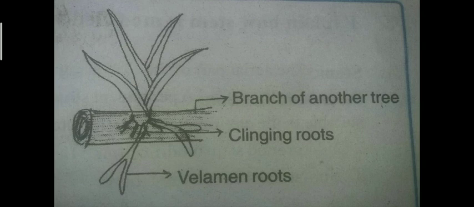Clinging roots mainly help in supporting. Velamen roots mainly help in taking moisture from the atmosphere. Velamen tissue is present in epiphytic roots. Examples: orchids and Vanda. Clinging roots mainly help in supporting.